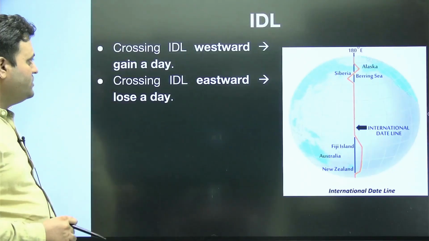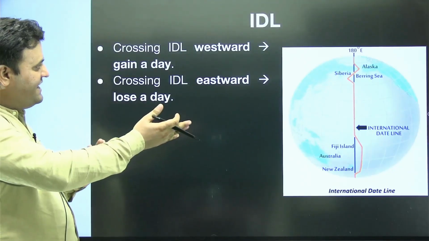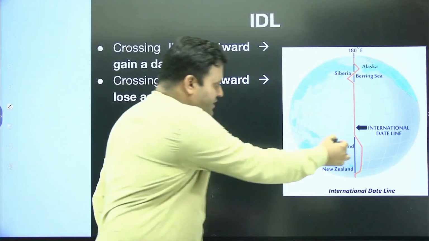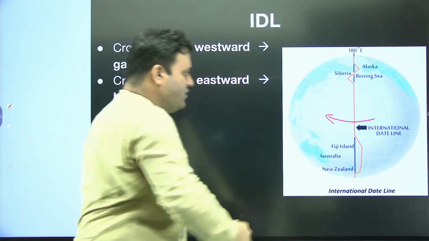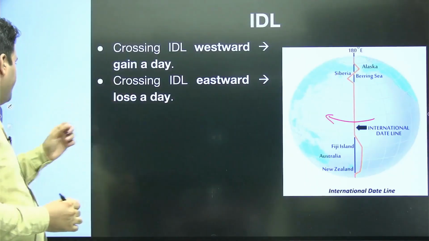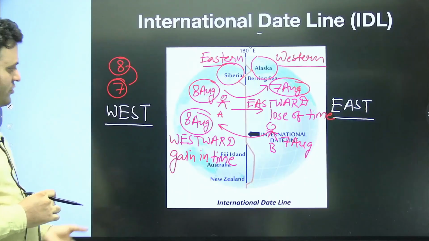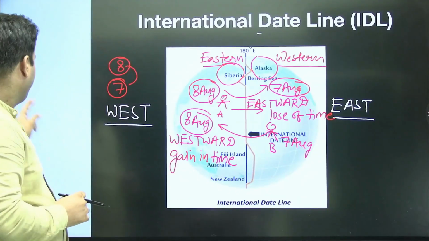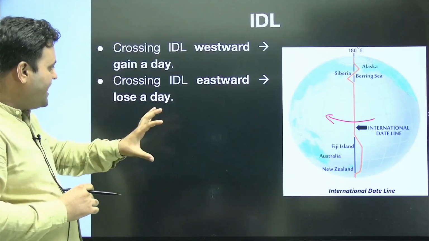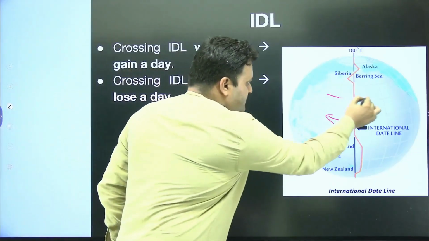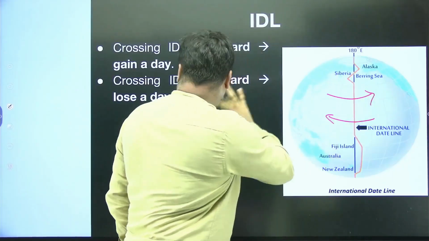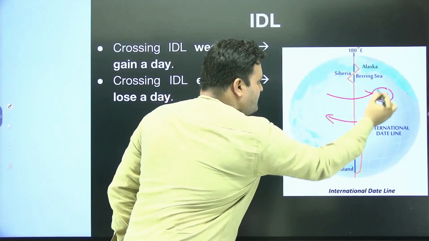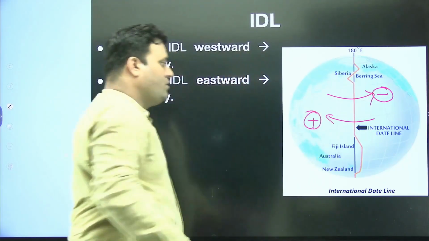Moving ahead. If you cross IDL westward, this way, there will be a gain in time. And if you cross IDL eastward like this, you will have a loss.